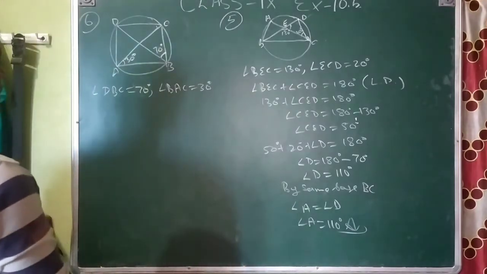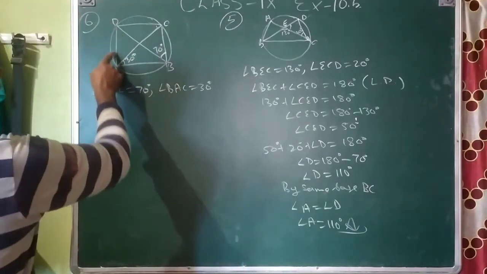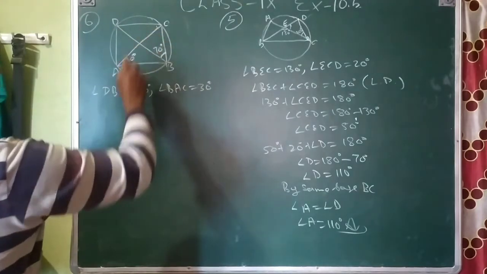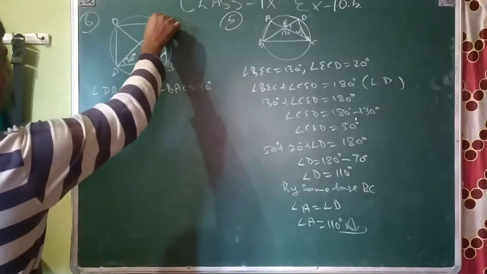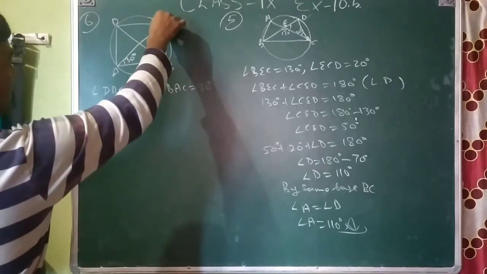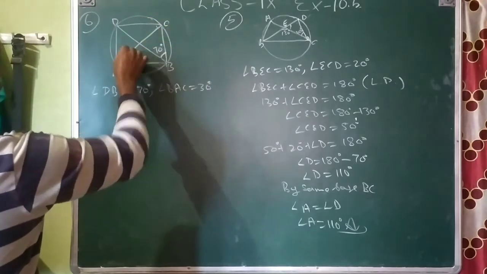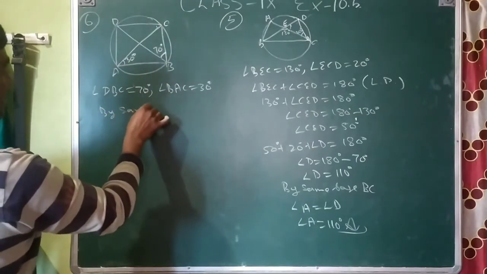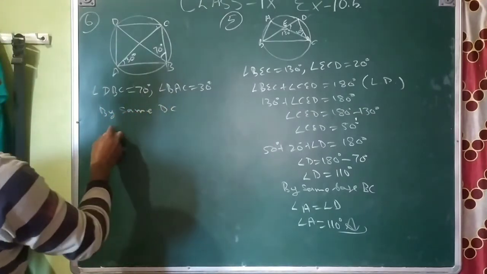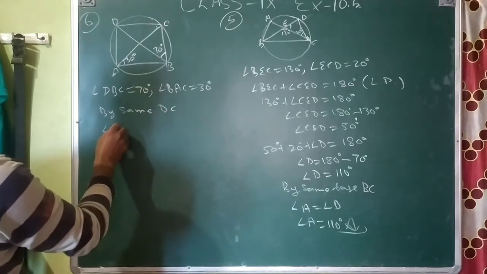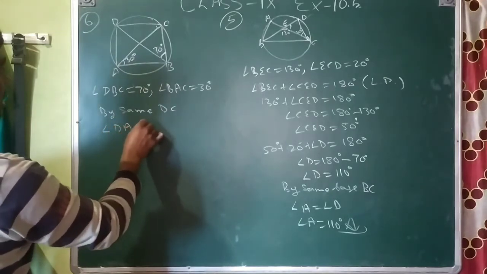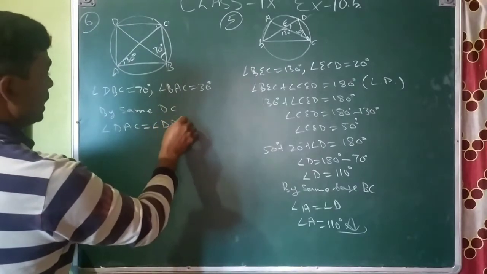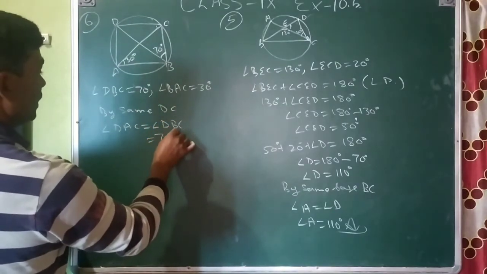If we take the same base, then this angle and this angle will be equal. By the same base DC, angle DAC is equal to angle DBC, which is 70 degrees.